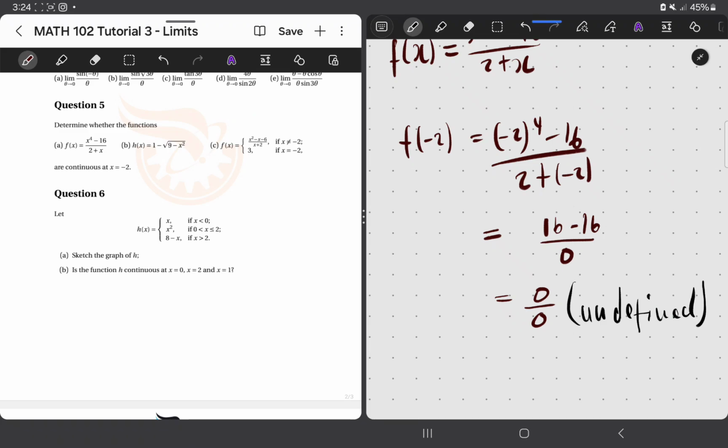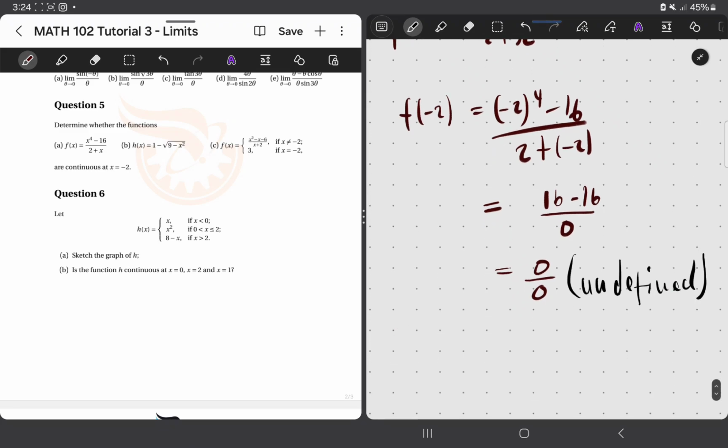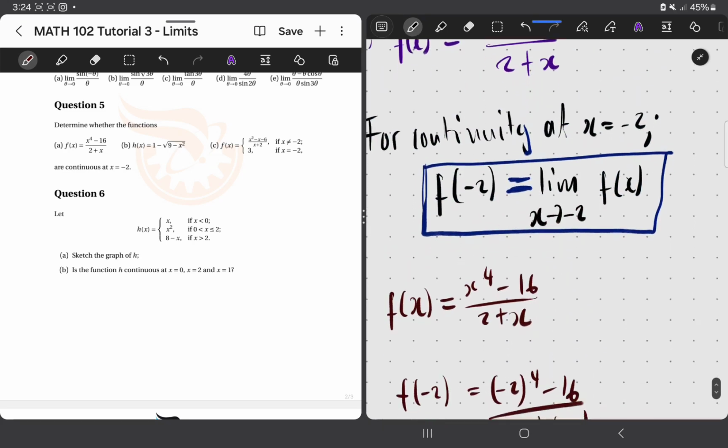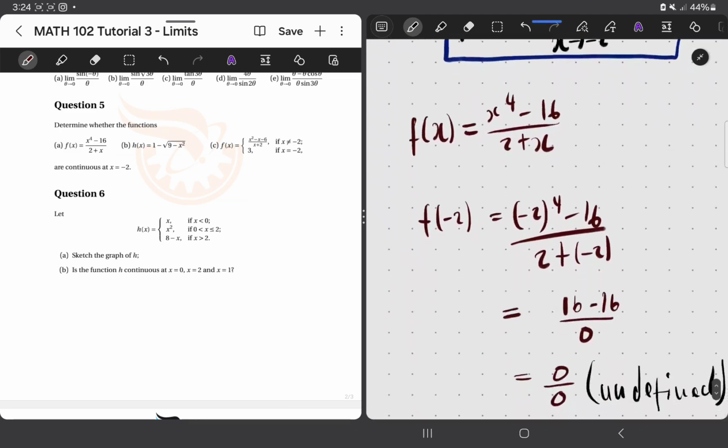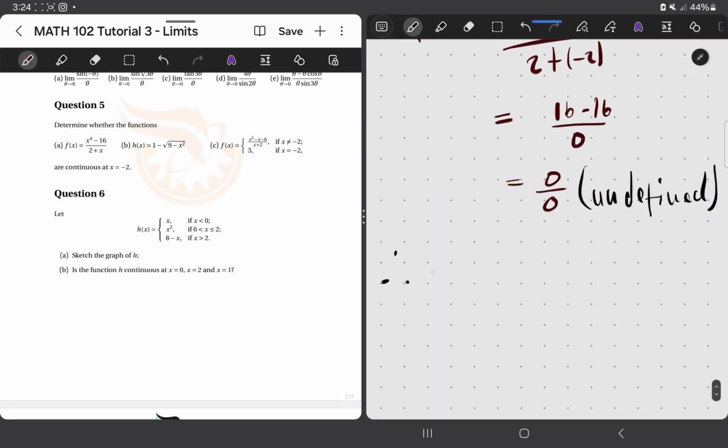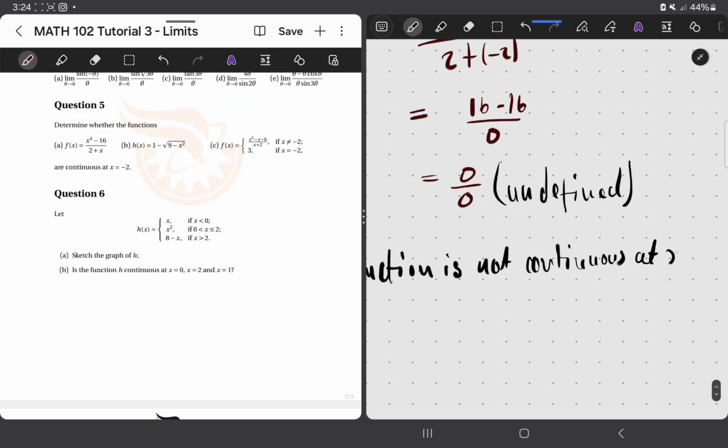So this is undefined. You cannot have 0 over 0. We were supposed to get a solution for f of -2, and get this limit, and then they were supposed to be equal. But if it doesn't even exist, then there's no way we can continue with this continuity equation. So we can say, therefore, the function is not continuous at x equal to -2.